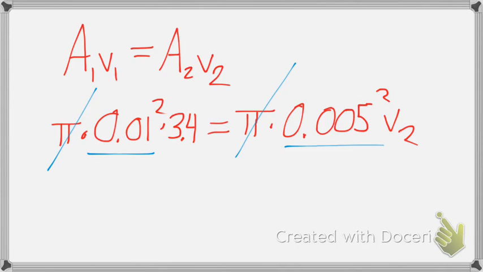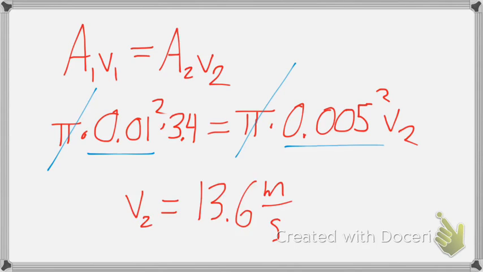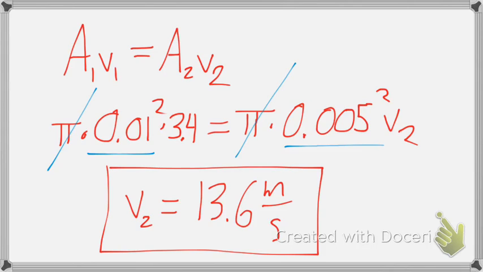Beautiful. Now all I got to do is solve for V2 algebraically. And it comes out to 13.6 meters per second. Nice. So simply by just covering up half of the hose, he's changed the velocity from only 3.4 meters per second to 13.6 meters per second. And that's how powerful the continuity equation can be.